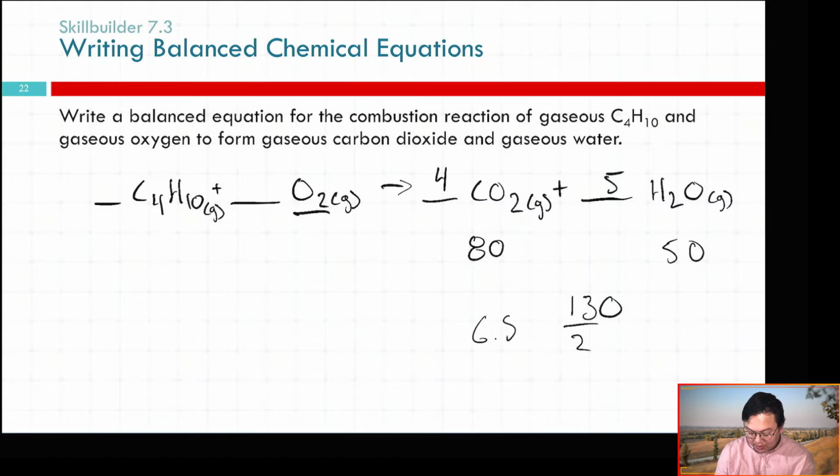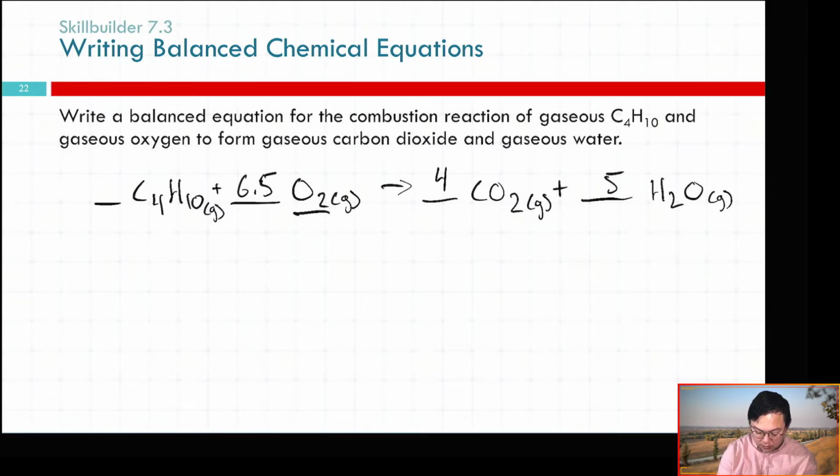There's going to be 6.5. See how that works? Because now we have 13. So we're balanced, but according to that last step, we now need to multiply everything by a coefficient in order to get whole numbers. So I'll go ahead and write those down in red over here.